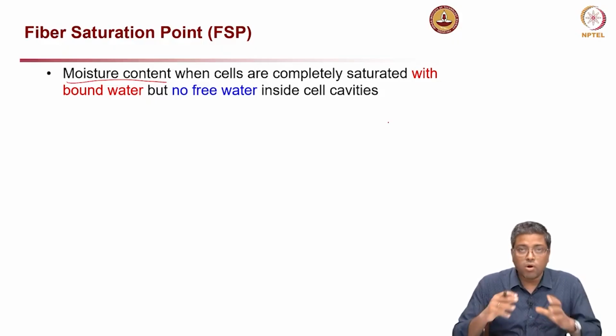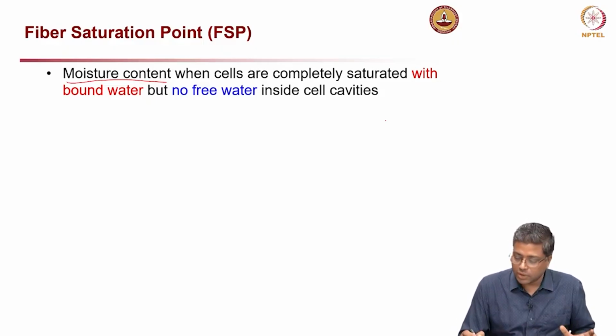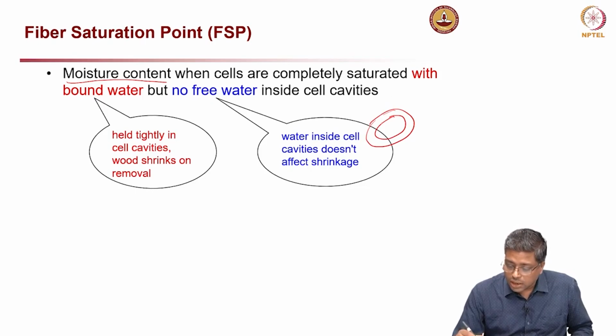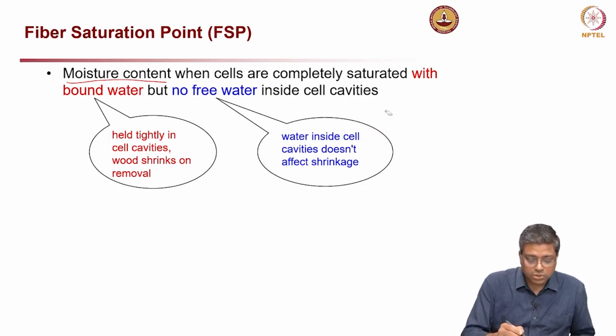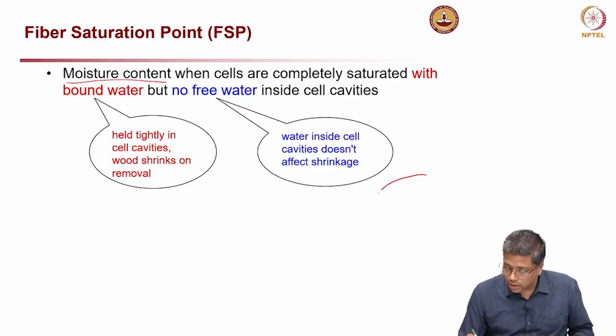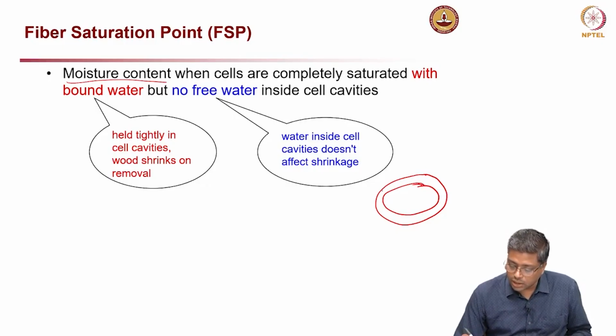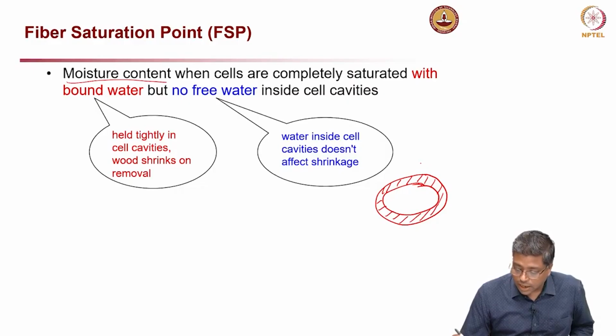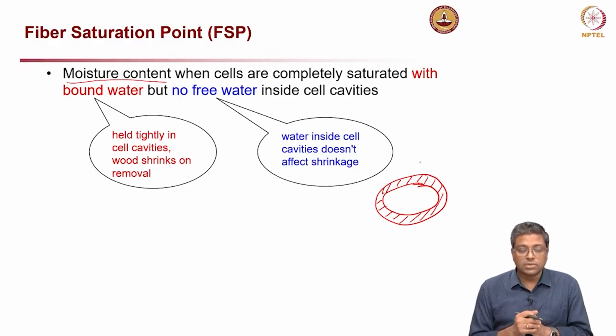Let me draw it again: assume that this is a wood cell, and this is the cell wall. Now, the water is held tightly in the cell walls, and wood shrinks on its removal.